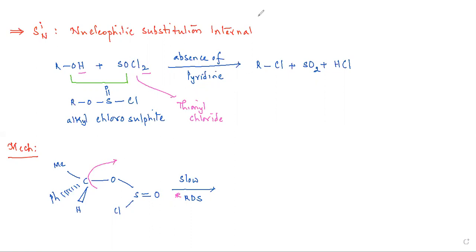And we get a carbocation, C plus. But you know, immediately the thing that has gone out attacks this positive ion from the same side. This is important.